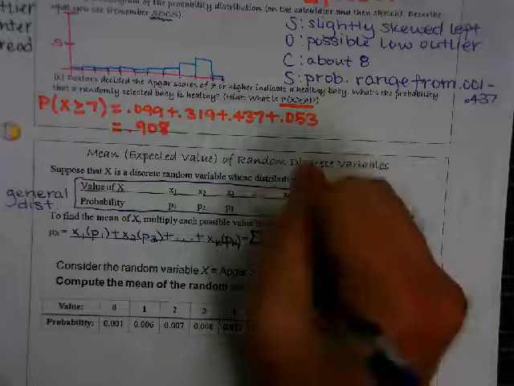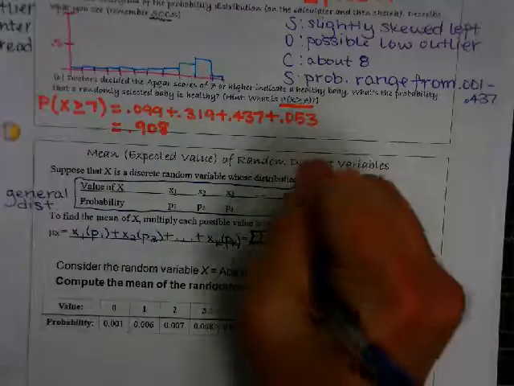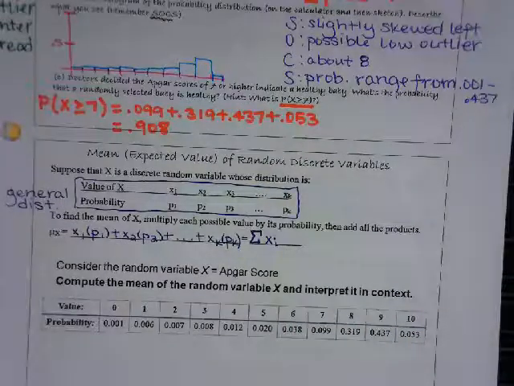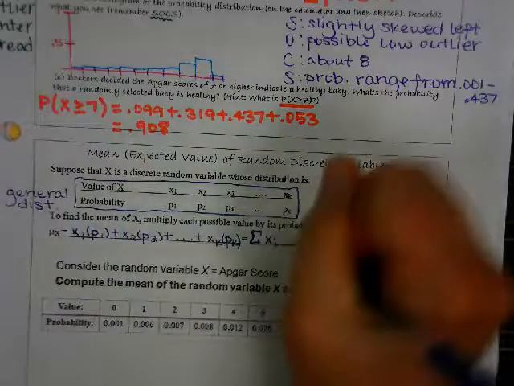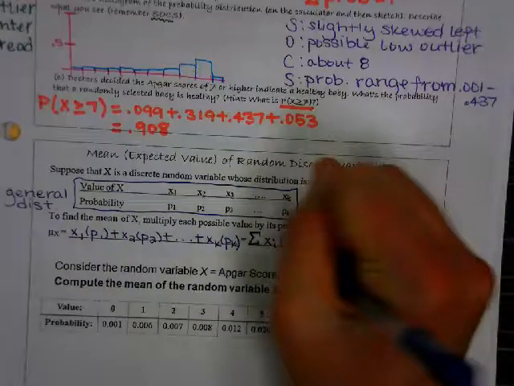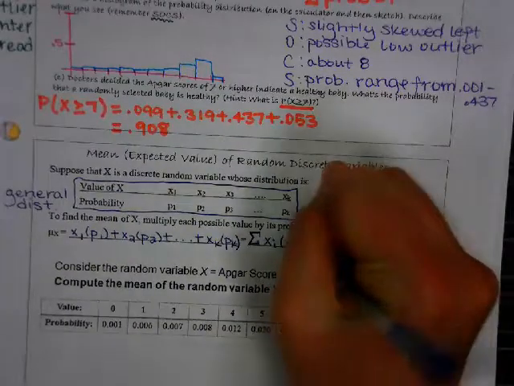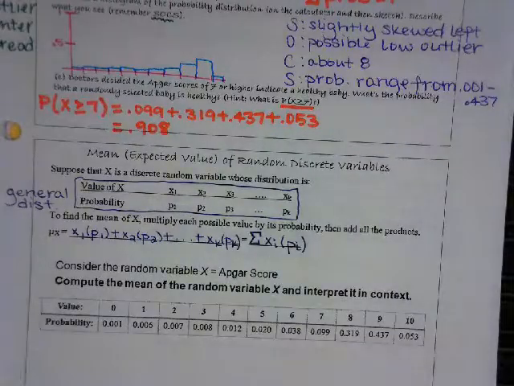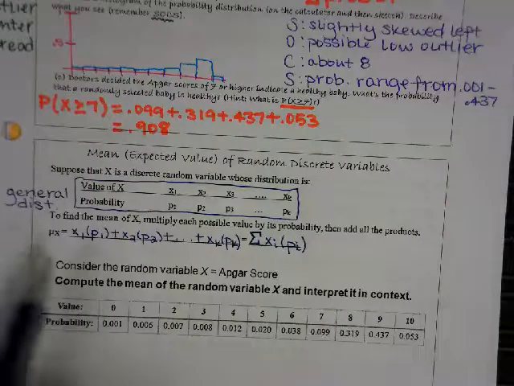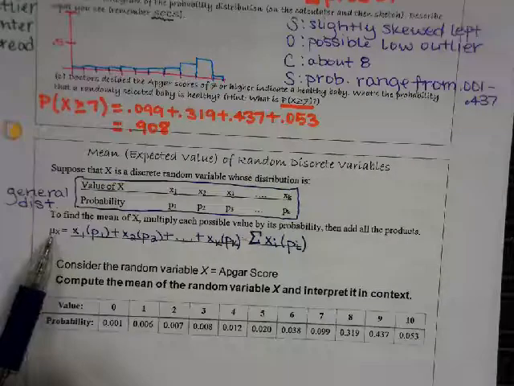So all the x values times their probabilities, and then we add them all together. Now, sometimes you'll see this with mu sub x, meaning it's the mean of x. Sometimes they call it expected value, and they put E of x.